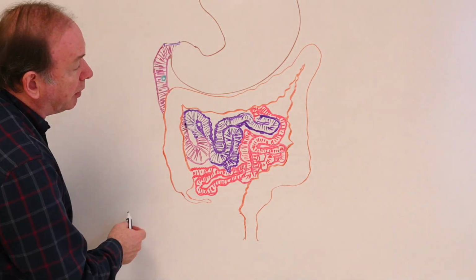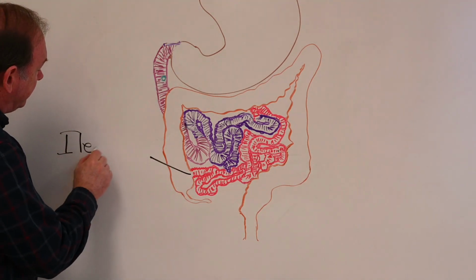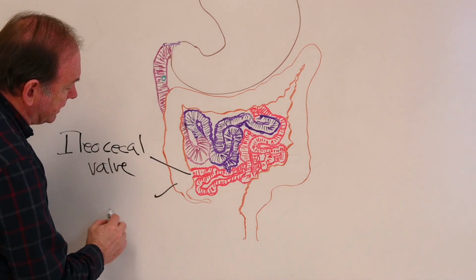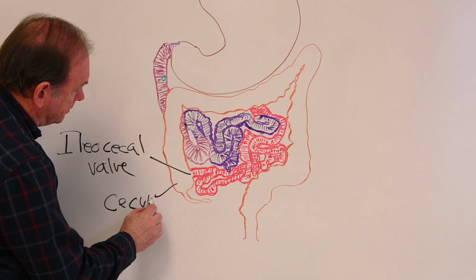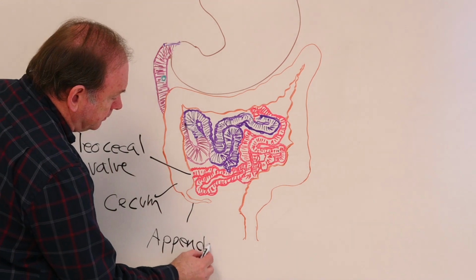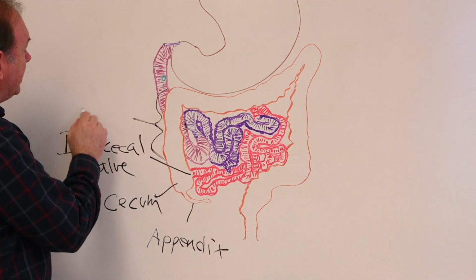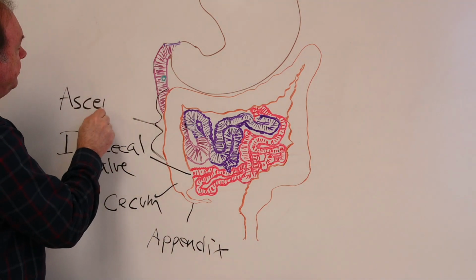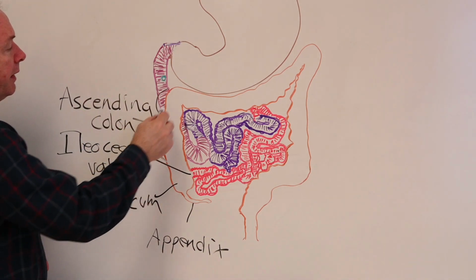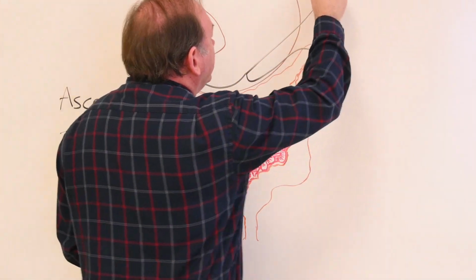So let's go ahead and label the parts of the large intestine. First of all, the ileocecal valve. This is the cecum. Here's the appendix. This segment of the intestine right here is the ascending colon. The segment across here, from here to here, is the transverse colon.